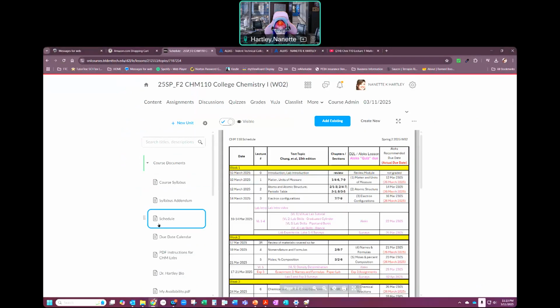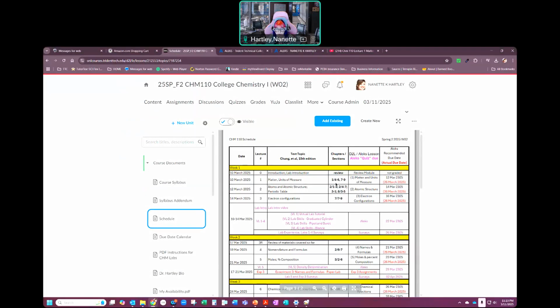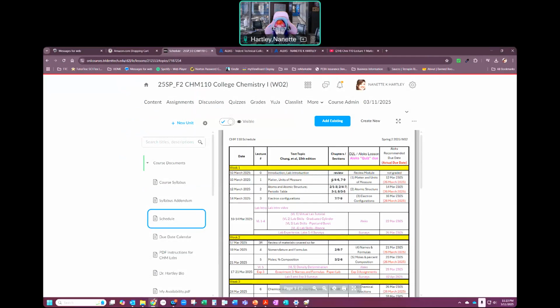In the schedule, for each particular unit we're talking about, it says 1.4 through 6. So this is chapter 1, sections 4 through 6.